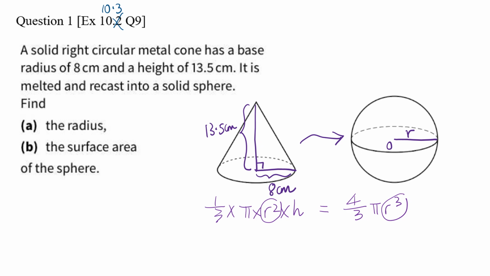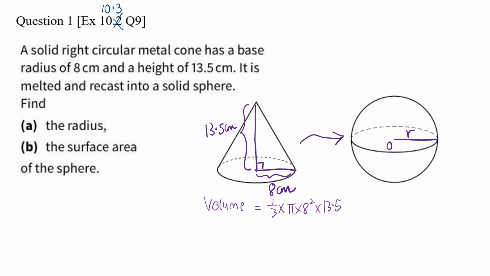So I would advise you to do it separately. Find the volume of the cone first, which is 1/3 times pi times 8 squared times 13.5. You can just leave the pi alone. I'll explain why: because you're going to equate both volumes, so in the end, you can just cancel off your pi.